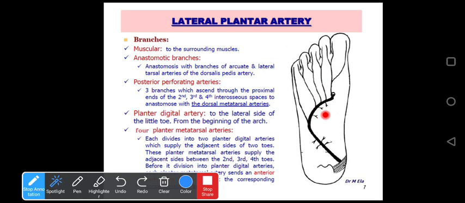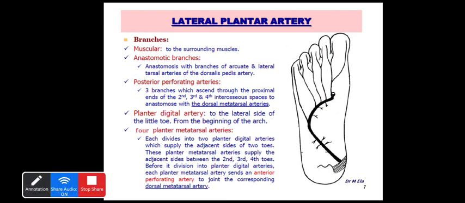So thereby there is anastomosis between the dorsal metatarsals, which are branches from the arcuate artery, and the plantar metatarsals, which are branches from the plantar arch. So that's about the lateral plantar artery and its significance. It forms the plantar arch in the sole of the foot.